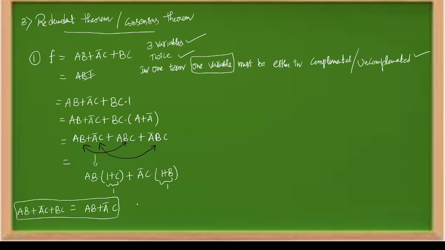The meaning of redundant is not necessary. In all these three terms, if you try to minimize, you will get this term removed. So this term is called a redundant term.